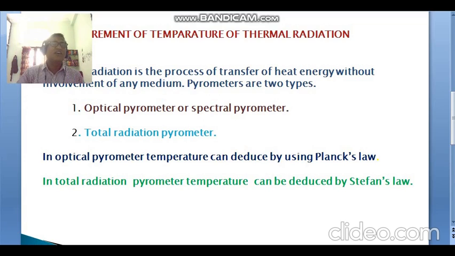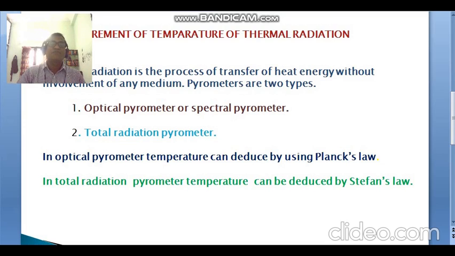Pyrometers are classified into two types. The first one is the optical pyrometer or spectral pyrometer. The second one is the total radiation pyrometer. In the optical or spectral pyrometer, the temperature can be deduced by using Planck's law.